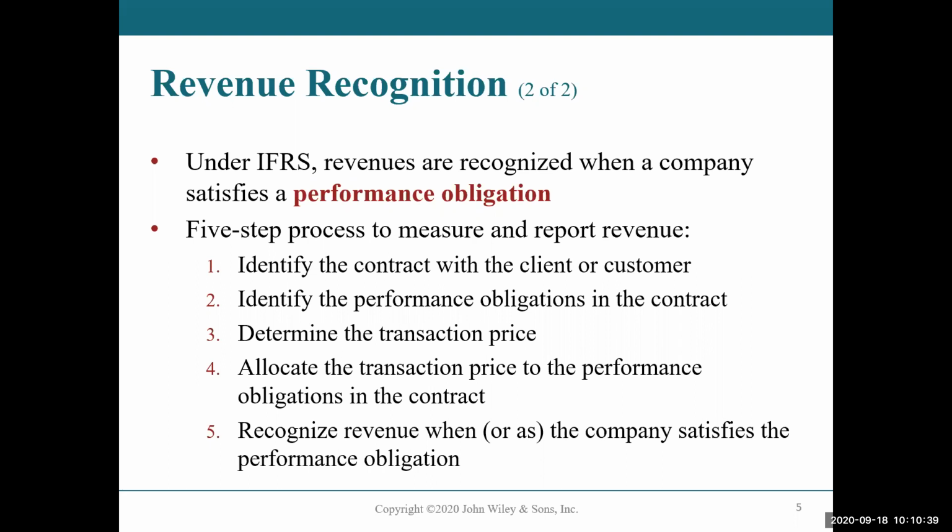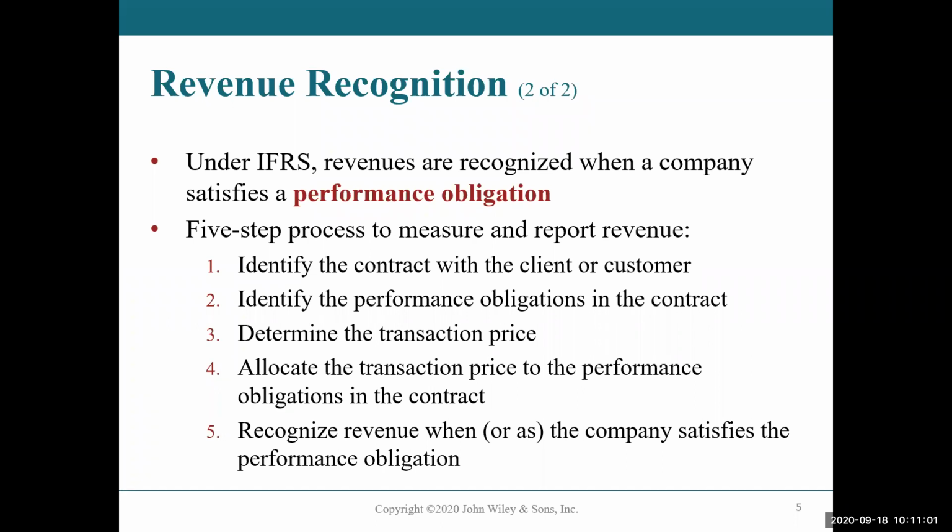How much is the whole contract being charged at? That is your transaction price. Once the transaction price is determined in step 3, step 4 is marrying steps 2 and 3. We take the total transaction price and allocate it between the different performance obligations.